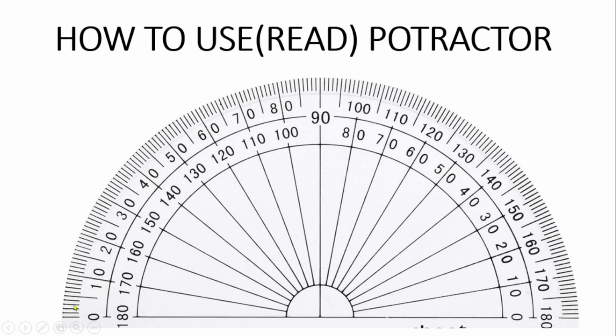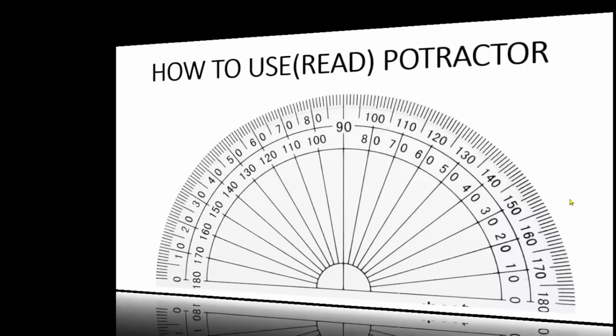From here to here will give us 10, so you have 10 lines there. From here to here is 20, you have another 10 lines there, and so on. This will enable us to read any angle that we are able to form in our sectorial angle. So we are going to be using this protractor to read the angle, or to mark the angles on our pie chart, as we're going to be seeing shortly.